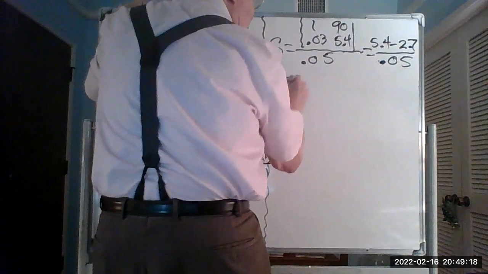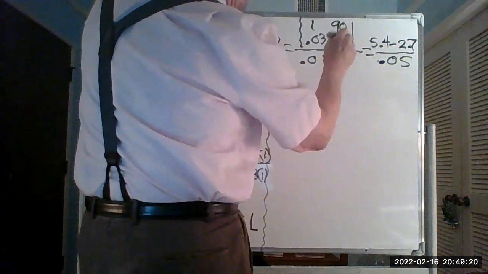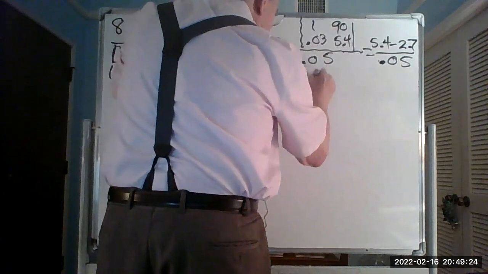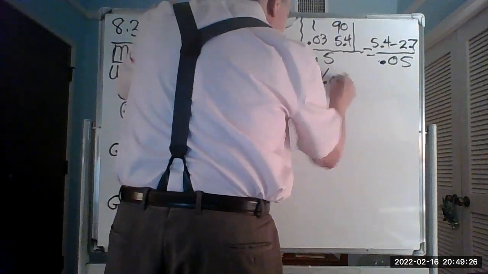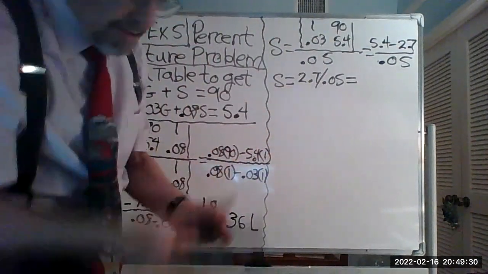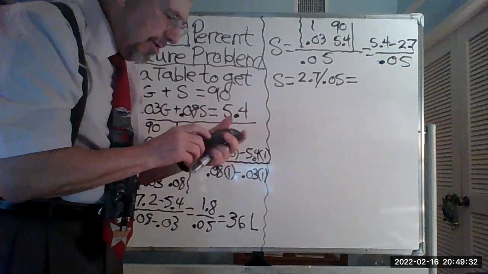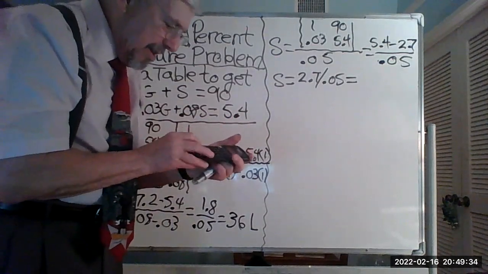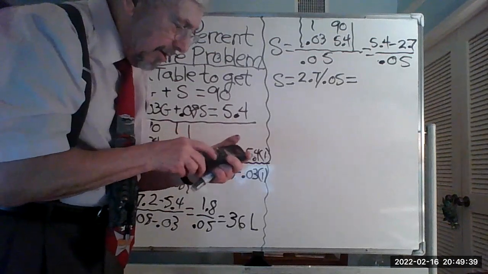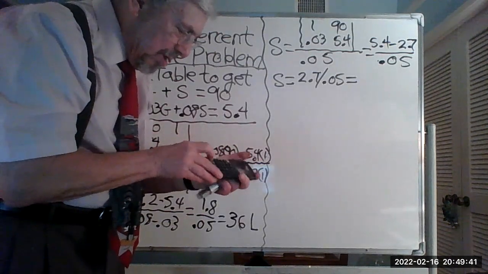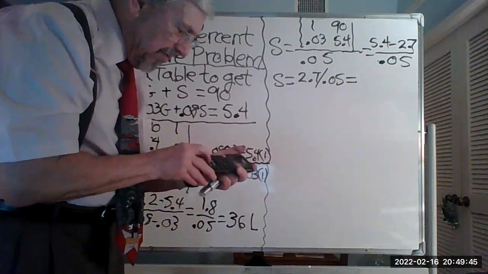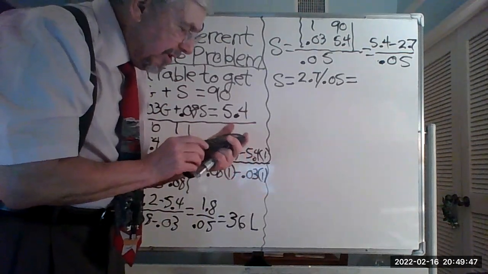So S is equal to, the difference between those is 2.7. So 2.7 divided by 0.05. Hang on, clear. 2.7 divided by 0.05 equals 54.